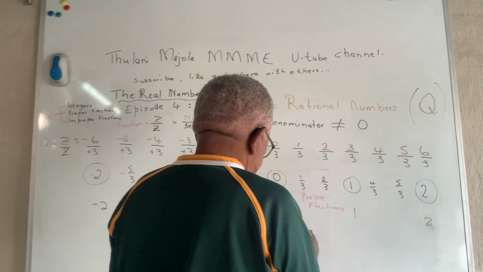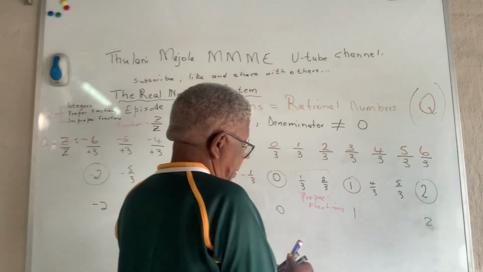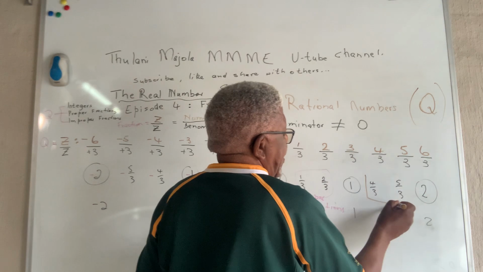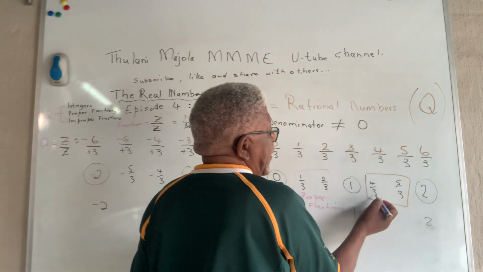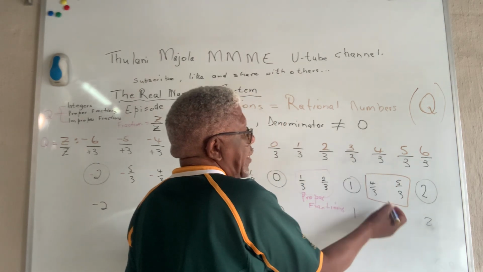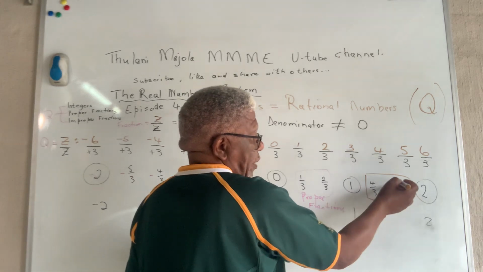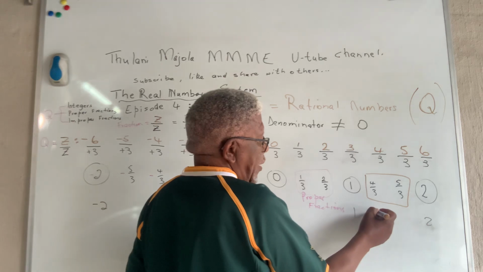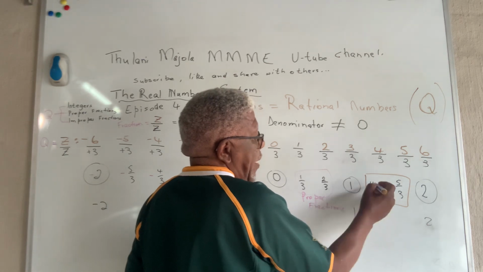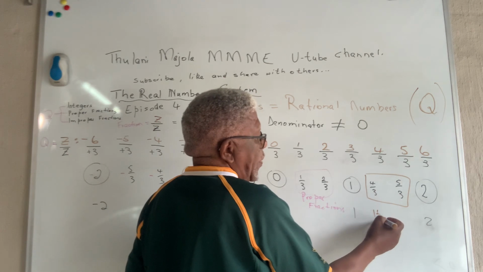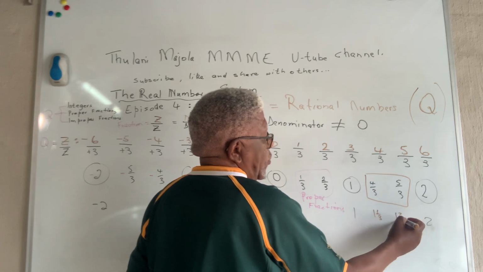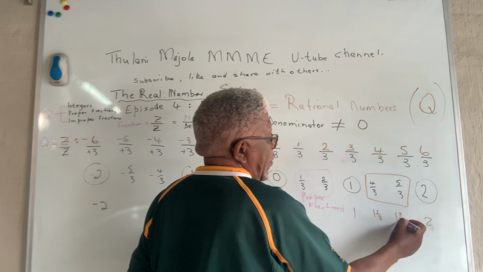And then you've got these ones, 4 divided by 3 and 5 divided by 3. With these ones, the denominator is less than the numerator. So when you ask how many 3s in 4, there's 1, remainder 1, so 1 and a third. Now, how many 3s in 5? There's 1, remainder 2, so it's 1 and 2/3.